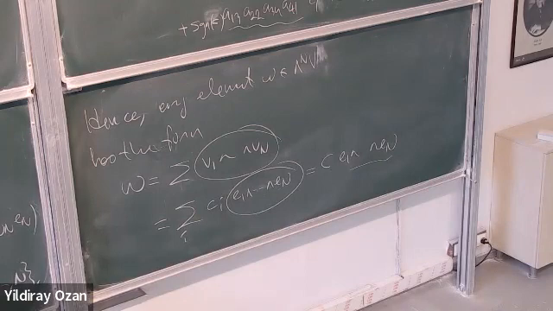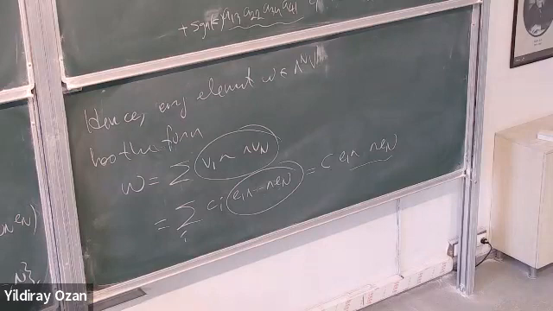Okay, so let the dimension of V be n. Then the dimension of the kth wedge power of V is n choose k.